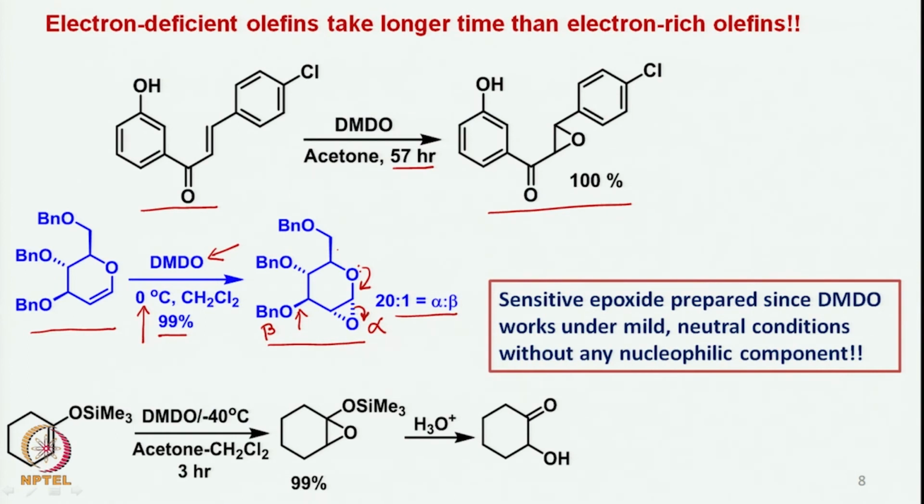Say for example, if you start with an enol silyl ether which is an electron rich double bond, and if we do the reaction at minus 40 degrees with DMDO in acetone dichloromethane reaction mixture, within 3 hours this particular epoxide is formed, and as one can imagine, with H3O plus, under acidic conditions this epoxide can easily open, the protonation would occur here, and then the bond will break, and eventually you would get the hydroxy ketone.